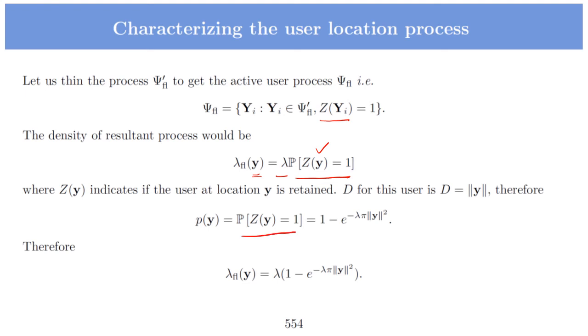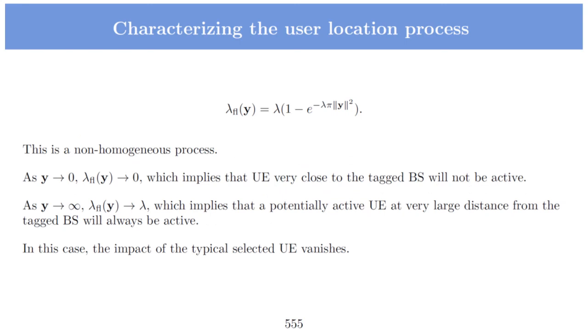It is equal to 1 minus e to the power minus lambda pi d_i squared, and d_i here is the norm of y, squared. So the density would be equal to lambda times this probability, which is 1 minus e to the power minus lambda pi norm of y squared. Now notice this is a non-homogeneous process.